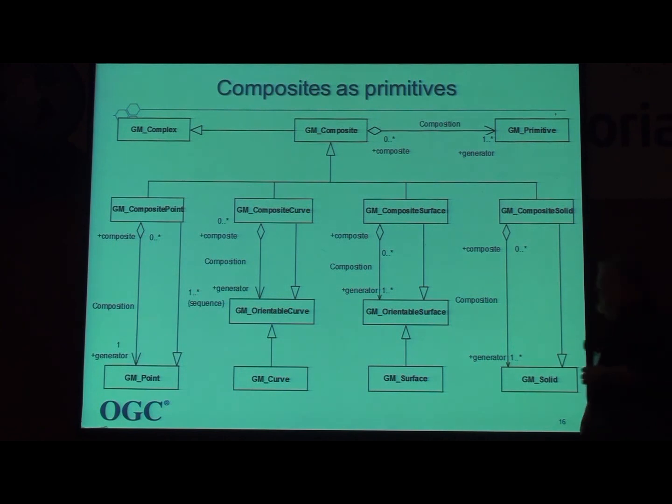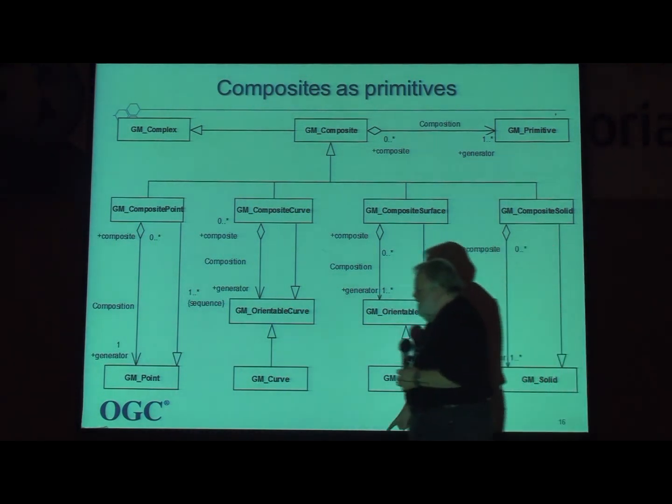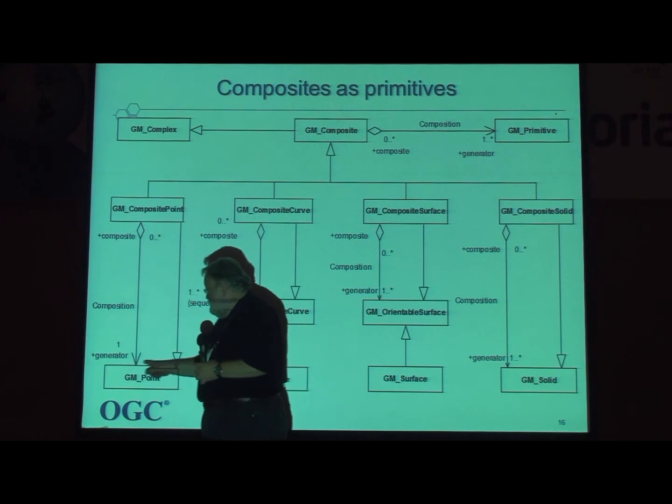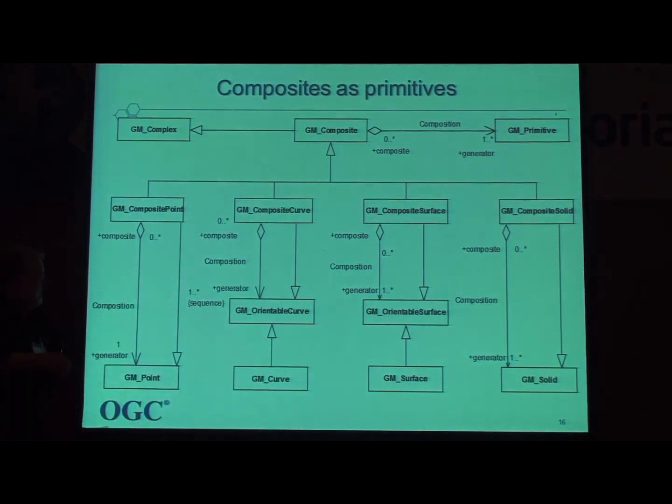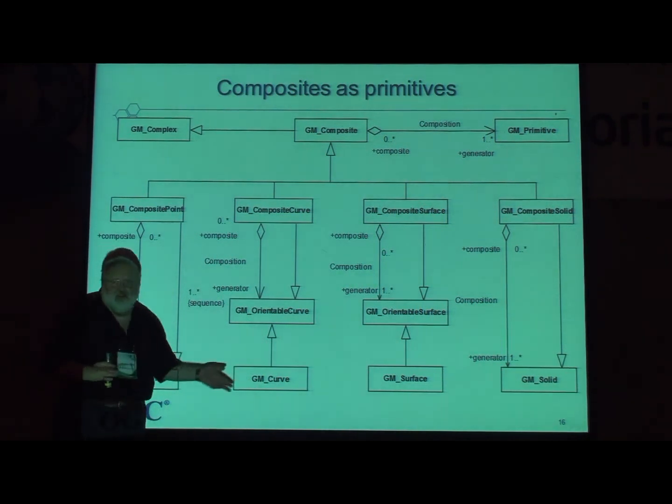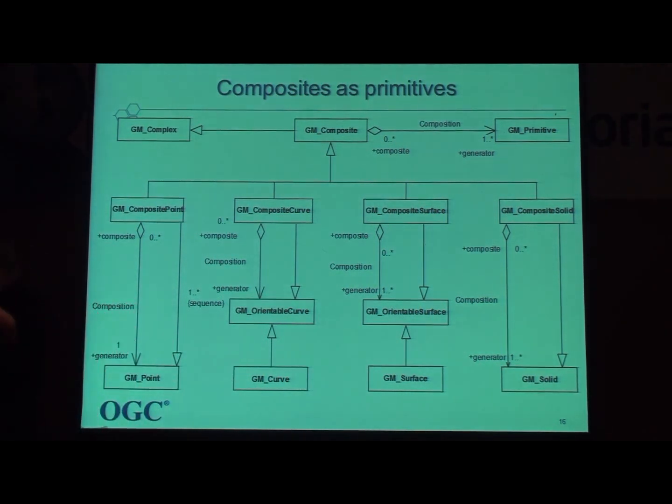By the way, let me explain the idea. A point has no orientation. There's nothing different about a point pointing one way or the other. A curve has an orientation based on which direction it's flowing. It's got a start and an end. If you swap those two around, you're swapping the direction.